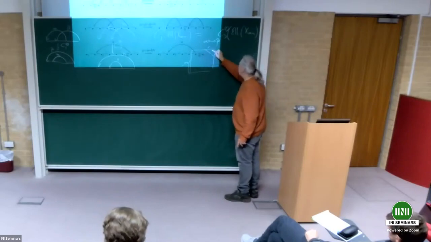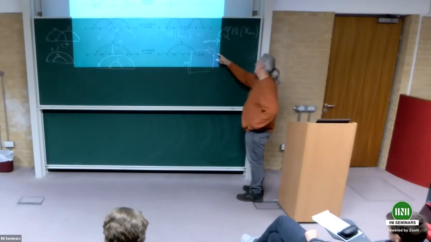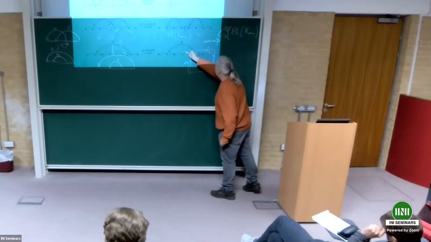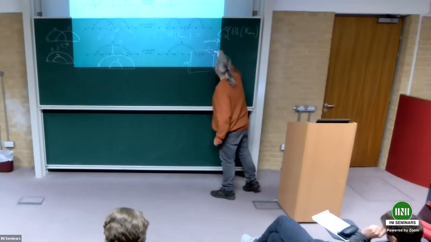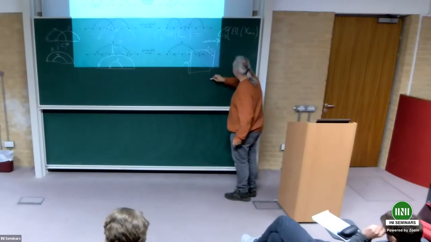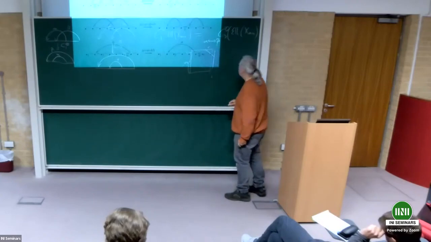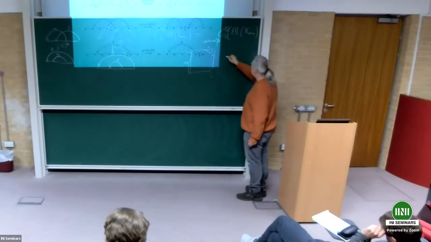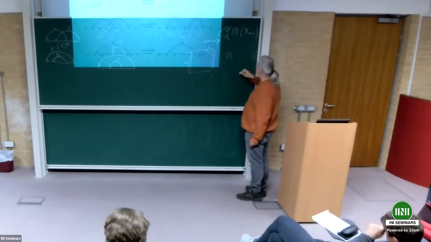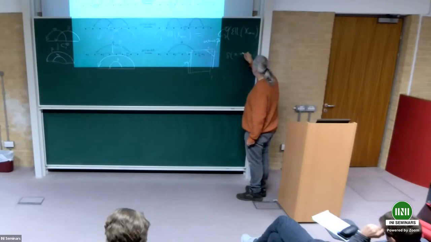This entry in this matrix has a xi acting here, and then you have j. So you have to take a delta of xi minus xj h.